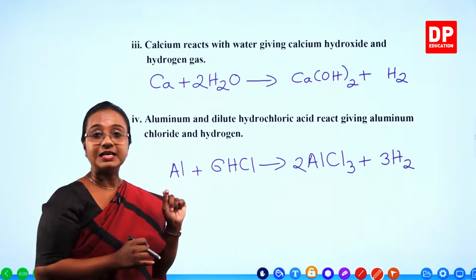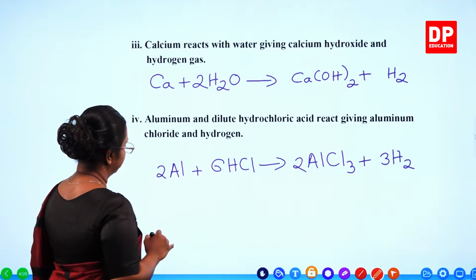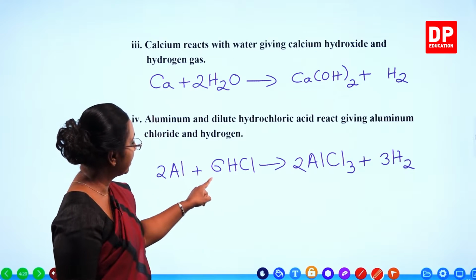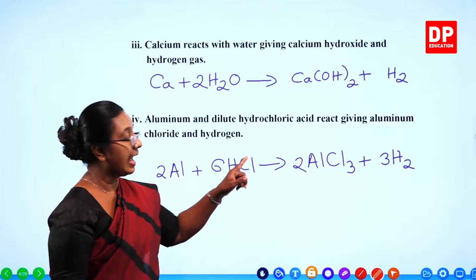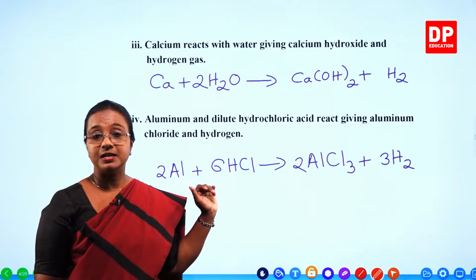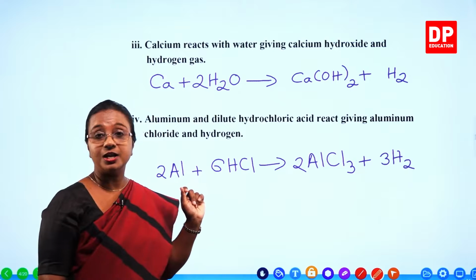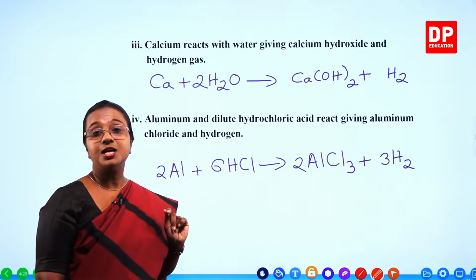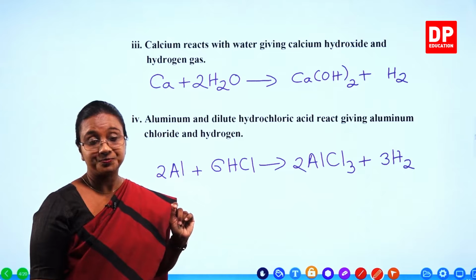Then, we need to balance aluminium. There should be 2 aluminium atoms. So, 2 Al plus 6 HCl gives rise to 2 AlCl3 and 3 H2. So, that is the balanced chemical equation for the reaction of aluminium with dilute hydrochloric acid giving rise to aluminium chloride and hydrogen gas.